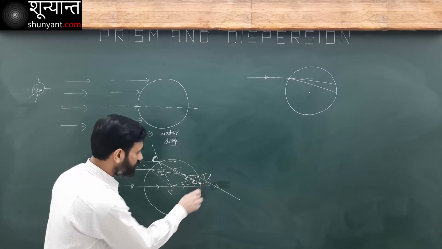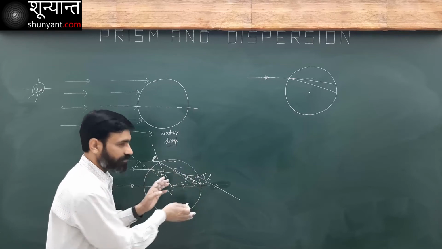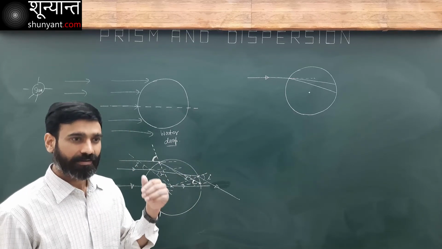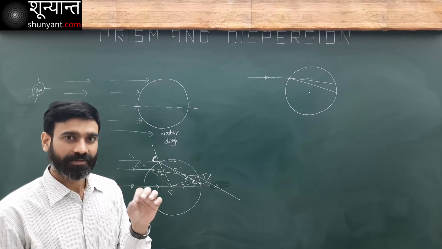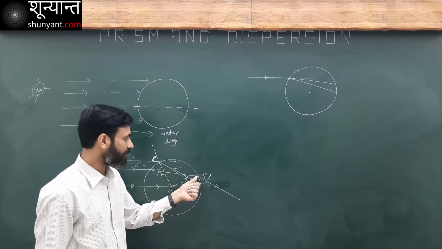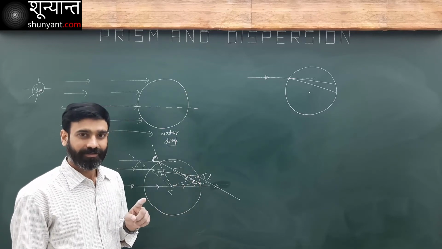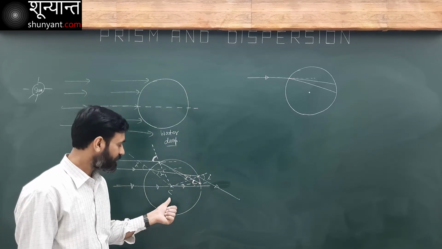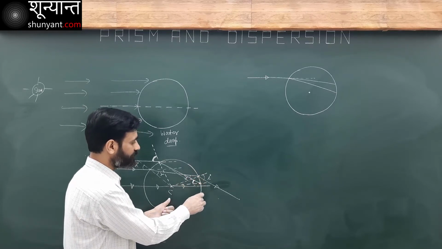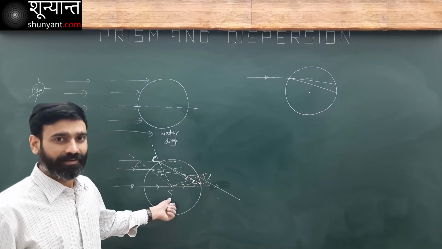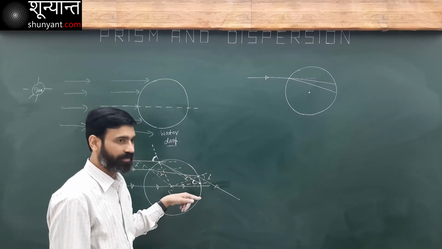At this point, all the light rays hitting here on the other surface have different angles. They are making different angles of incidence. And the light is going from denser to rarer medium at this surface.